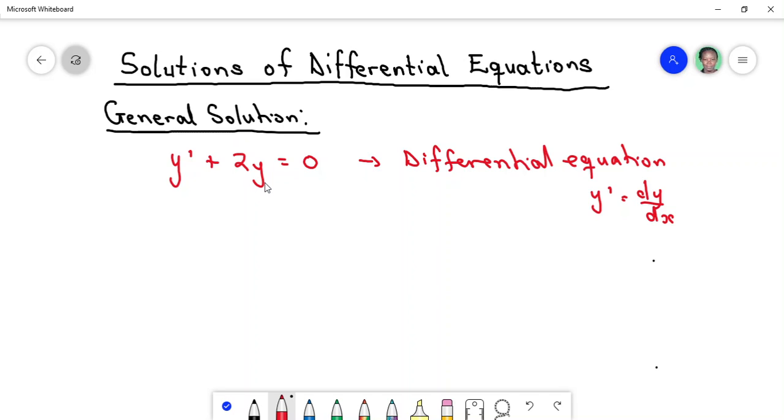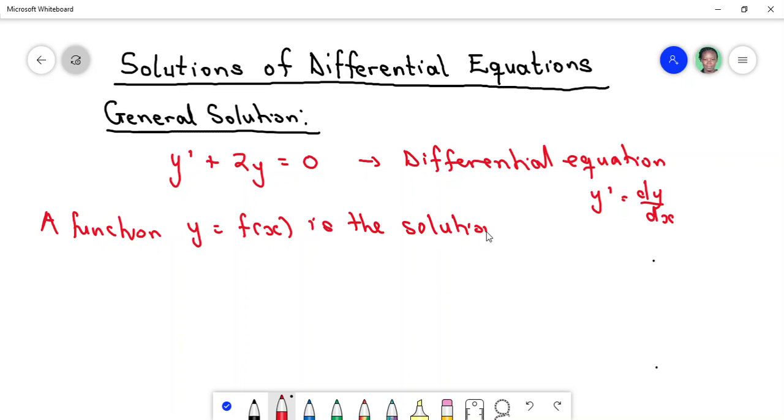So when do we get a solution? We are saying that a function, say y equal to f of x, is going to be the solution to this differential equation if the equation is satisfied when y and its derivatives are replaced by f of x.